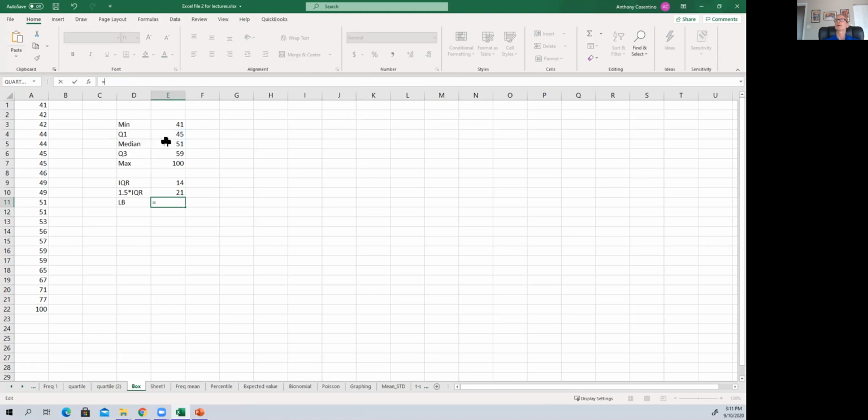So the lower bound is Q1 minus 21. There we go. So the lower bound is 24.